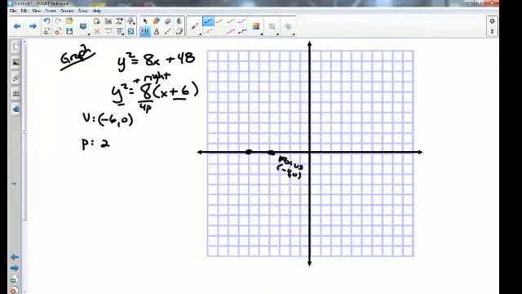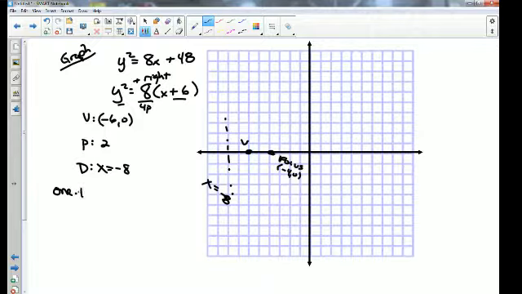Our directrix, x equals -8. Right, 2 and 2. Here's our vertex, focus, directrix, and then how can we find another point?